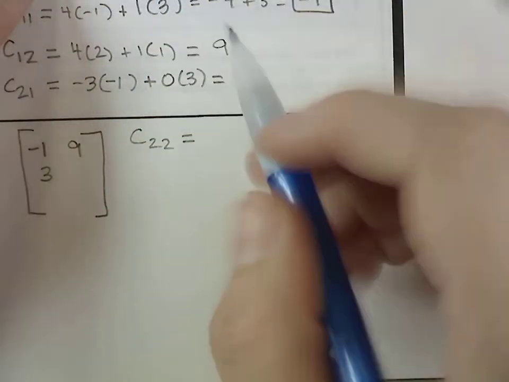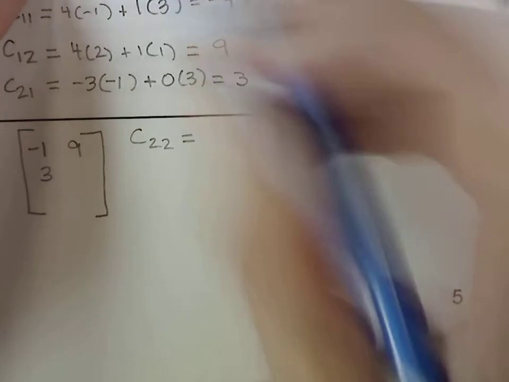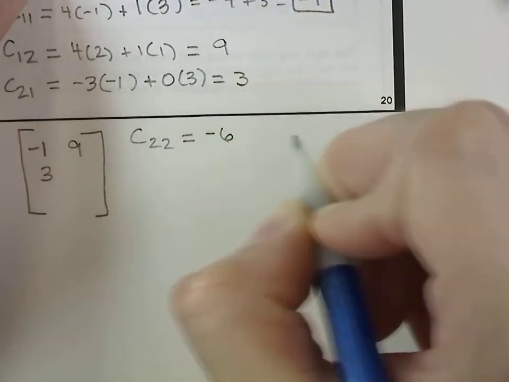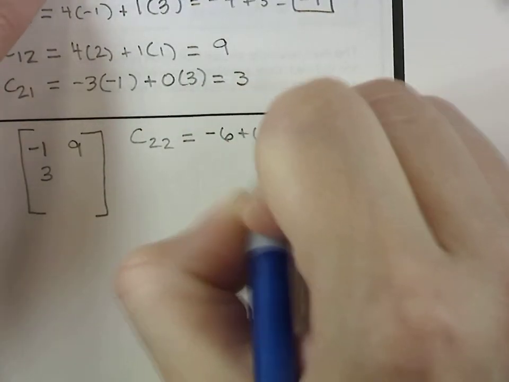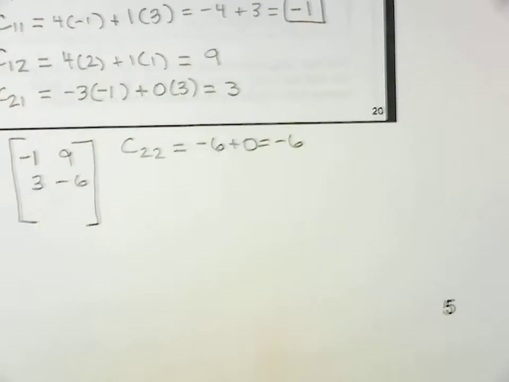Okay, so your second row, second column, and then is it okay now if I just multiply it? So like negative 3 times 2 is negative 6, and then plus 0, so you'd have negative 6. Is that okay?